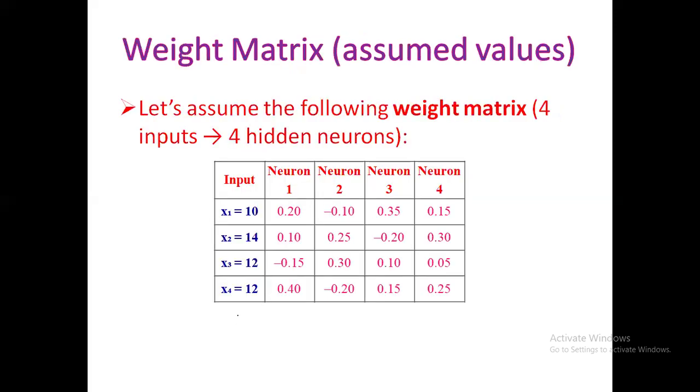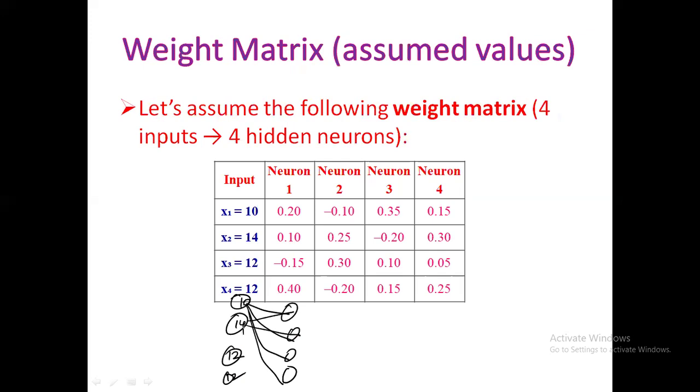So how does it work? These are the input features after finding them out. So we are going to consider 10, 14, 12 and 12. I have taken the hidden layer values as 4. All of you know that each layer will be connected with all the neurons.